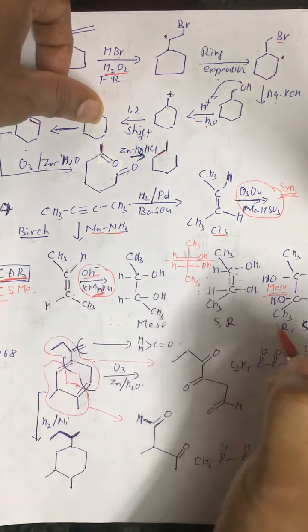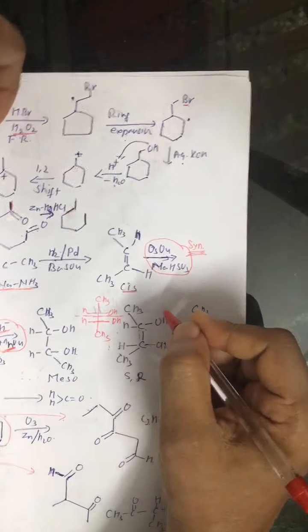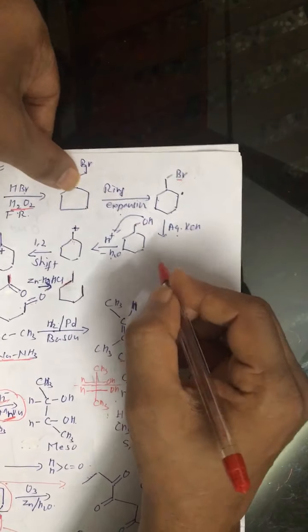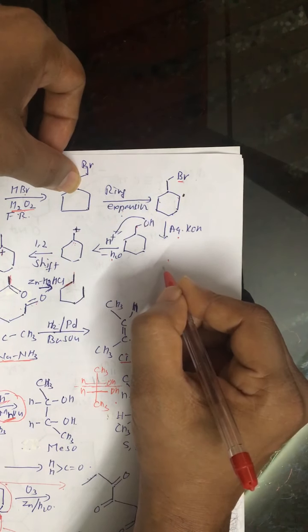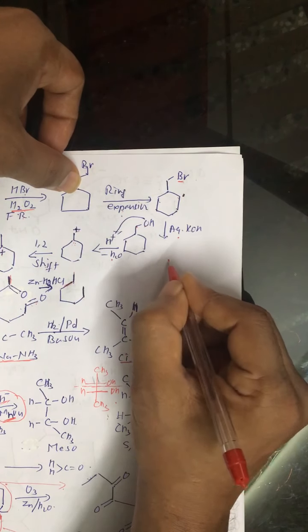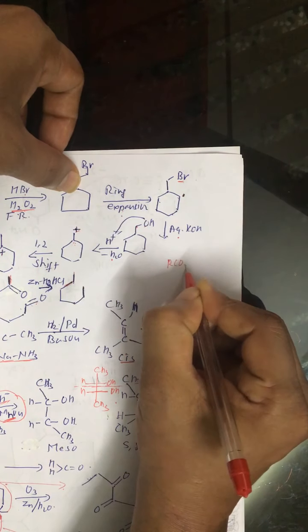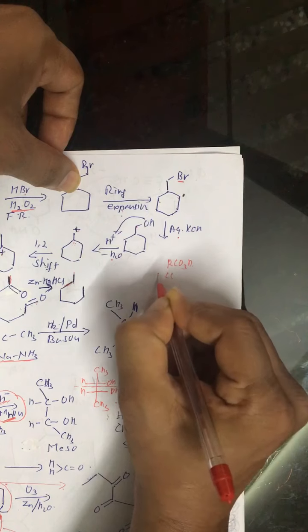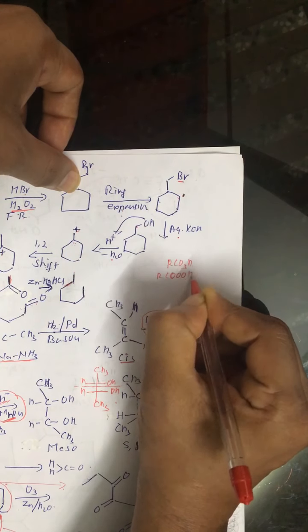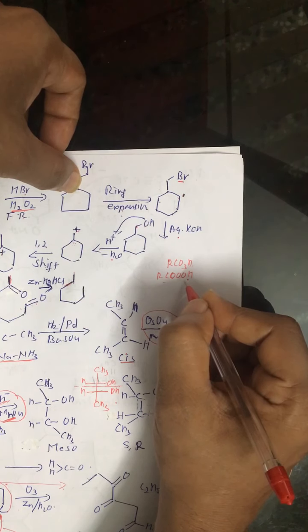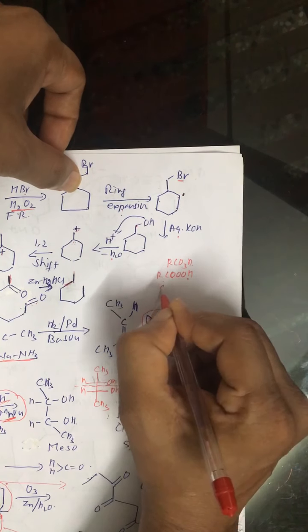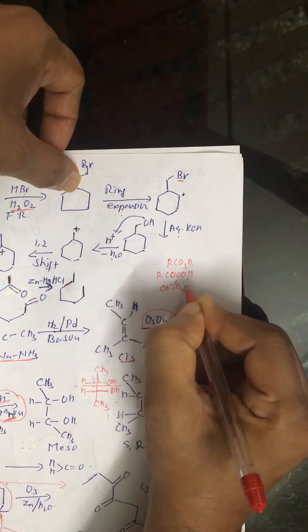Anti-1,2-diols are produced by other reagents, like peracids, RCO3H, such as perbenzoic acid, performic acid, or you can use alkaline H2O2 also.